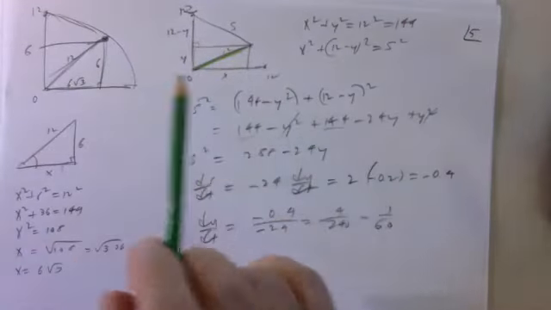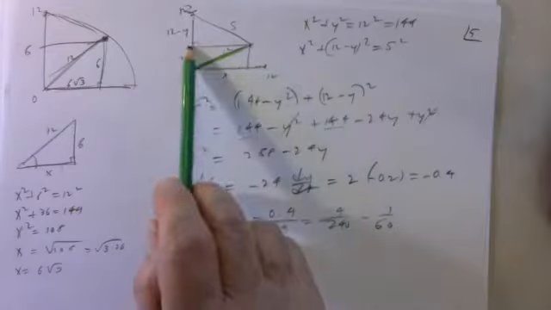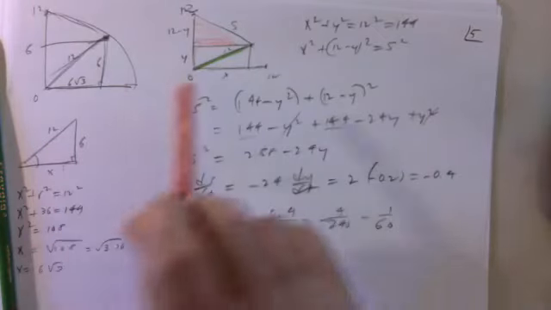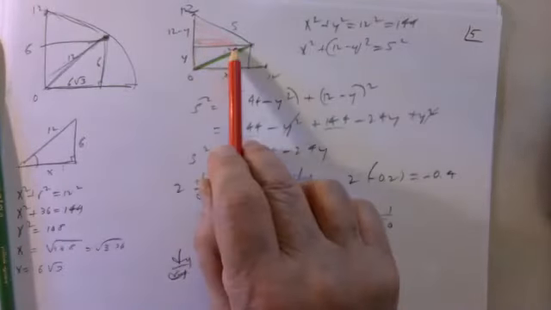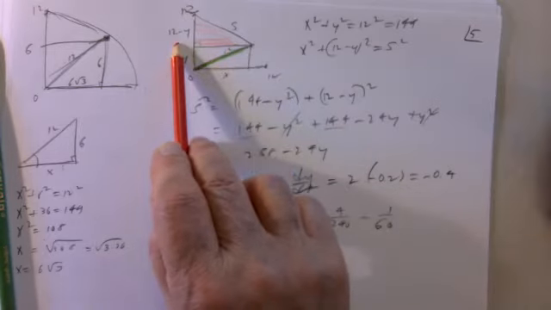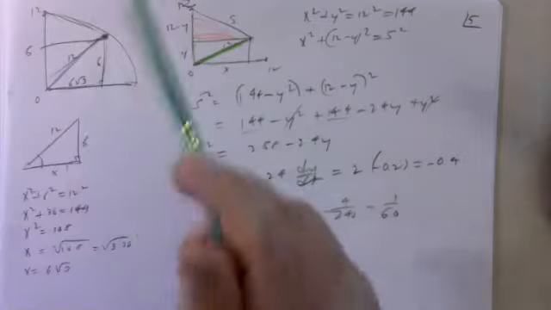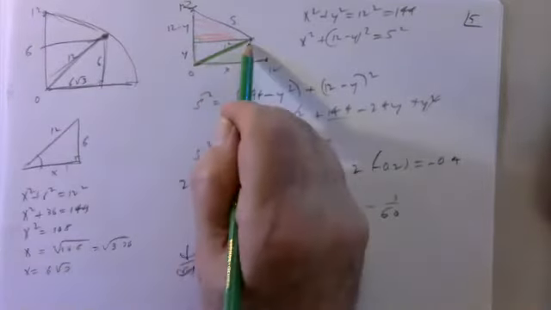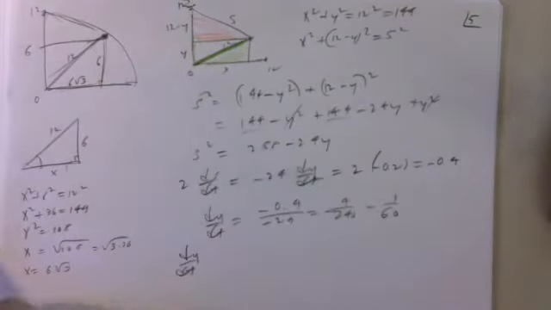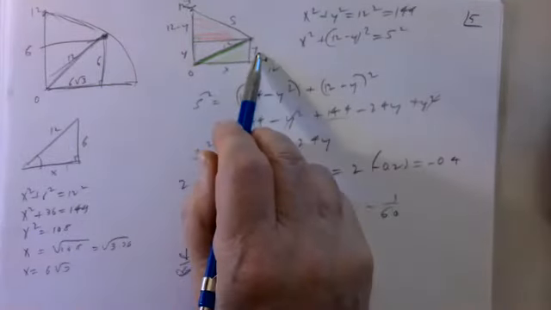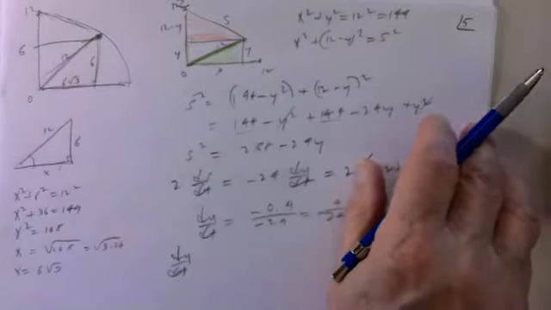So we have two triangles to look at. One is this triangle. We apply the Pythagorean theorem to that. We get x squared plus (12 minus y) squared is s squared. We also have the green triangle. If you apply the Pythagorean theorem to that, you have x squared plus y squared equals 12 squared.